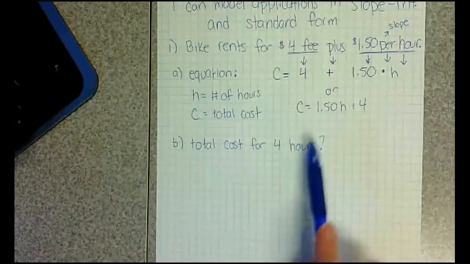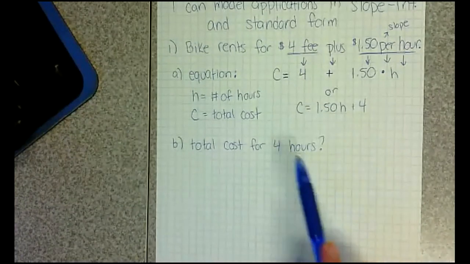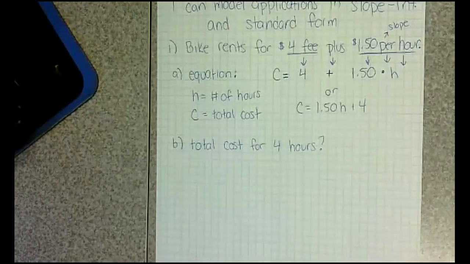Using this equation, where can you substitute the 4 into to find me the total cost after 4 hours of bike riding? Good, Hermela.